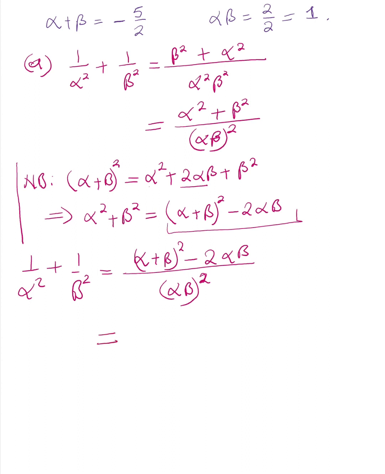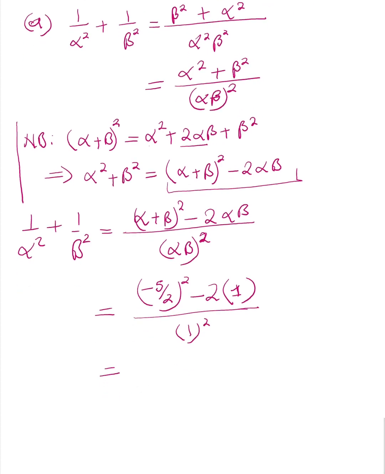In the numerator, where there is alpha plus beta, I put negative 5 over 2, squared, minus twice alpha beta. Alpha beta is 1. Everything over alpha beta, which is 1, squared. So that is 25 over 4 minus 2.